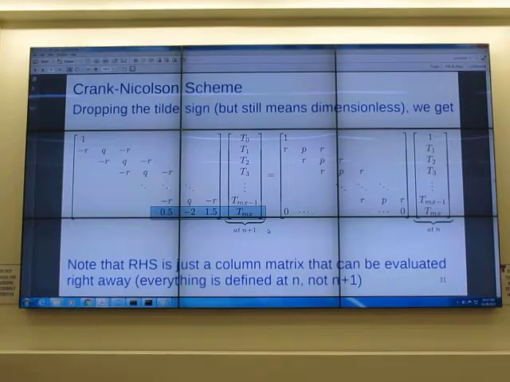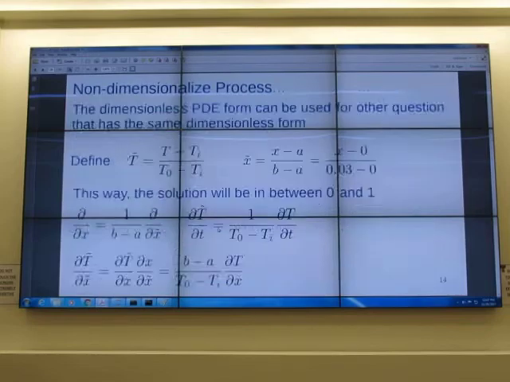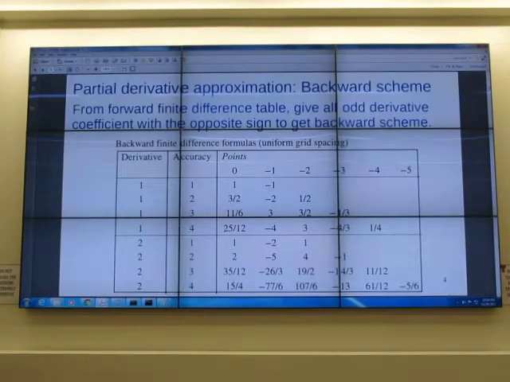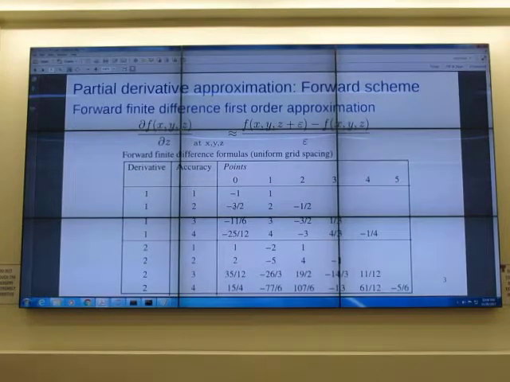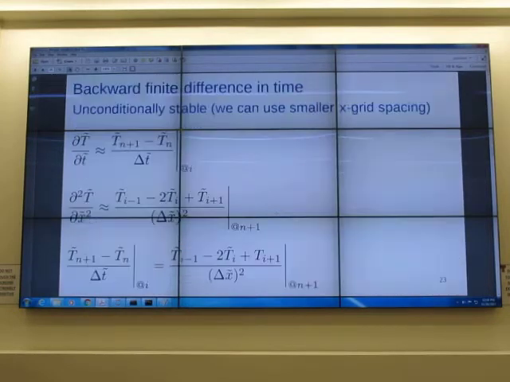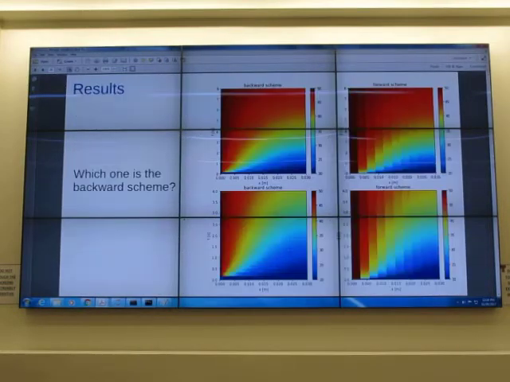Okay? So this part is 0.5, minus 2, 1.5. Did I do it wrong? Oh, okay. I use something strange.